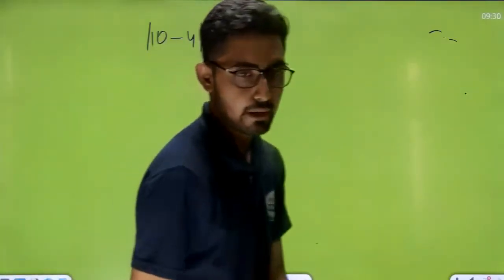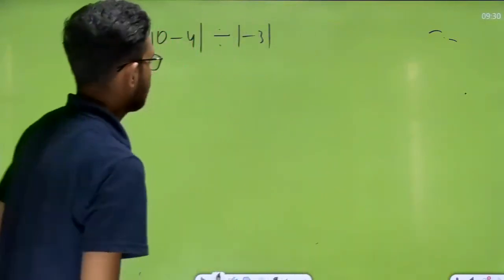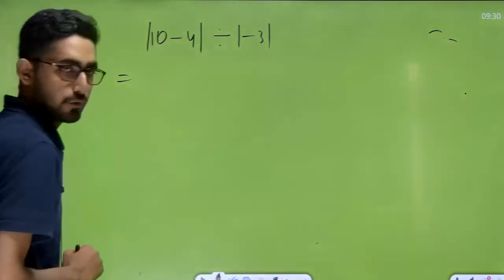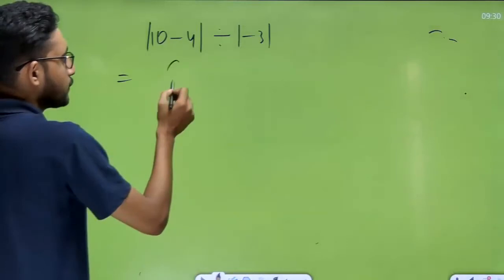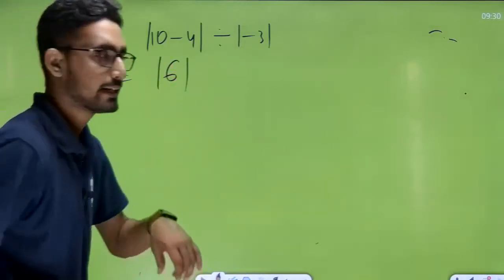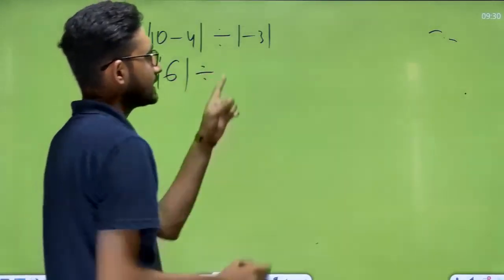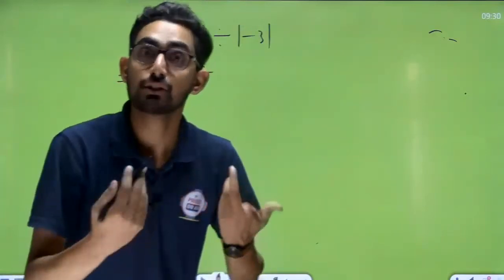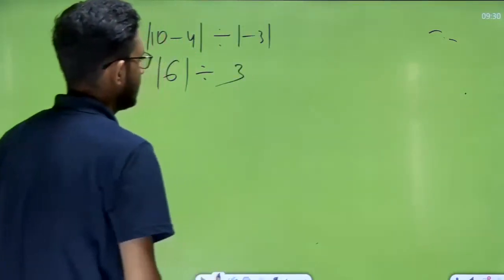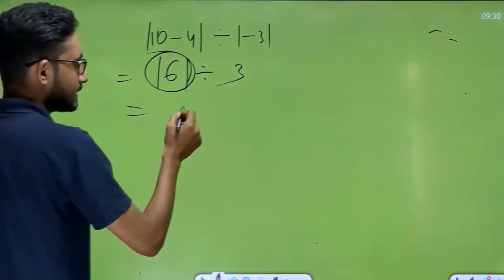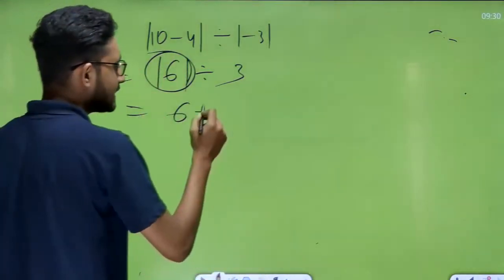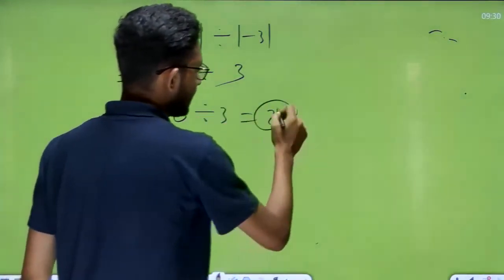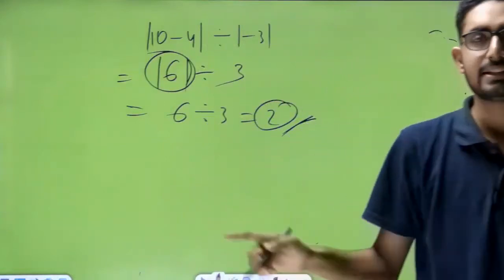Now all of you see here properly. First of all, what is the value of 10 minus 4? That is 6. Divide. And what is the value of mod minus 3? 3 only. Write down 3. And what is the value of mod 6? That is 6 only. And 6 divided by 3 is equal to 2. Done. See. Very easy question.